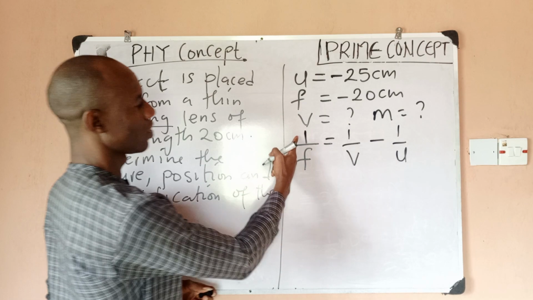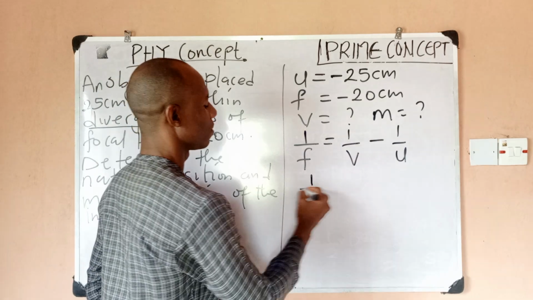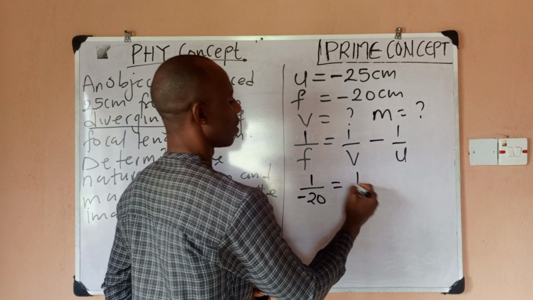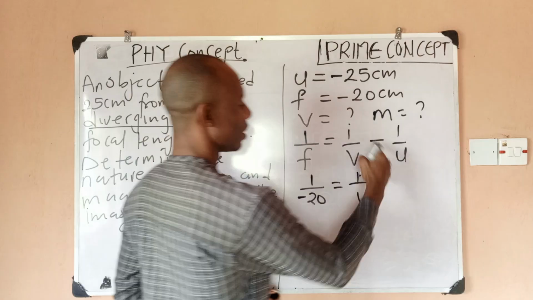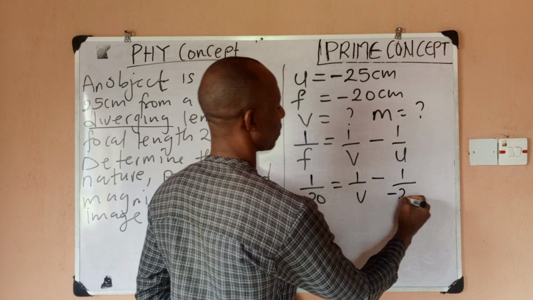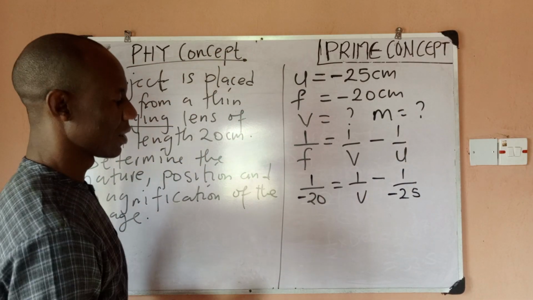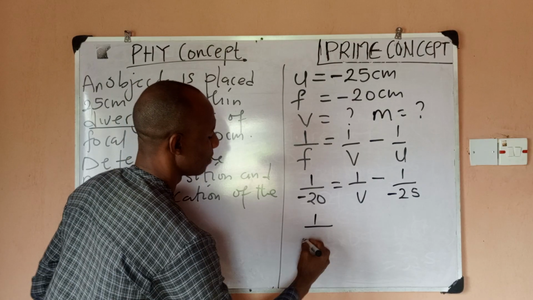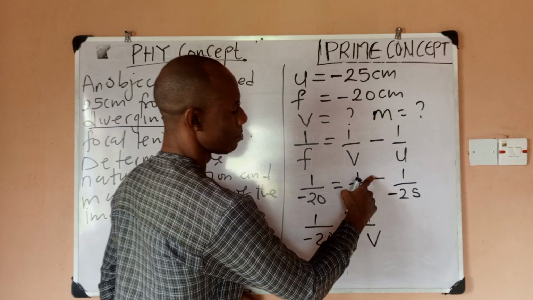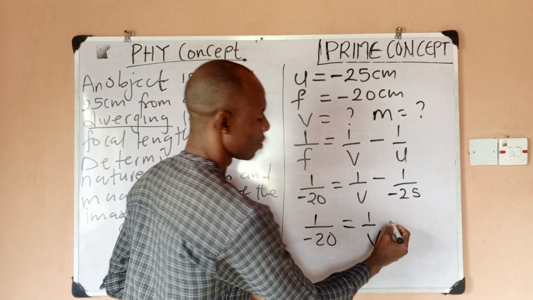If we substitute our parameters, I would have 1 by f, which is minus 20, equals 1 by v, that is what we're looking for, then minus 1 by our u, which is minus 25. So that you would have 1 by minus 20 equals 1 by v. Now this minus times this minus becomes plus 1 by 25.